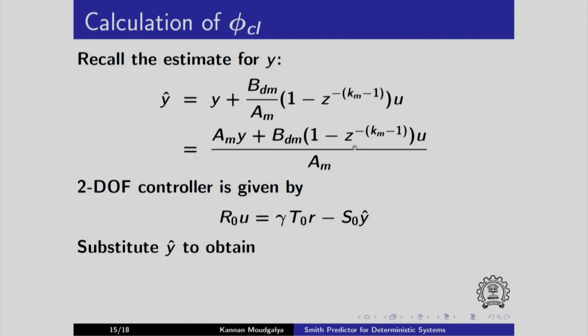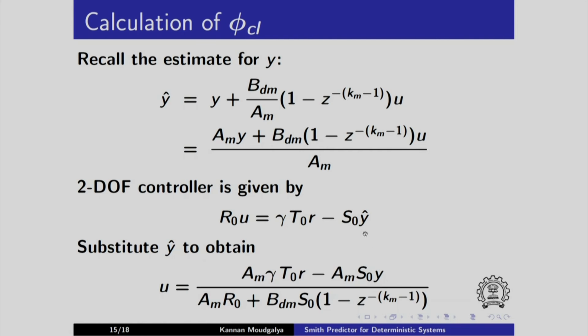Let us substitute y hat in this and we can calculate u to be this. This y hat also has a term containing u, so you have to bring it to this side, simplify it, you get this expression. I will let you do this and make sure that you get this right.